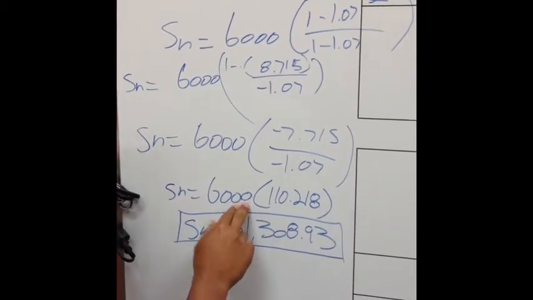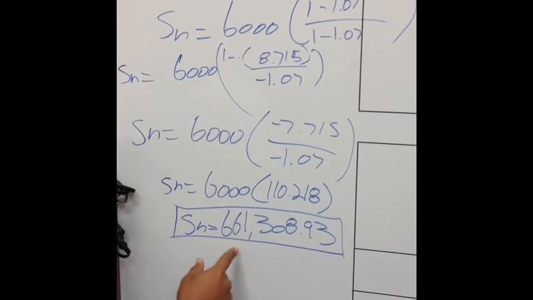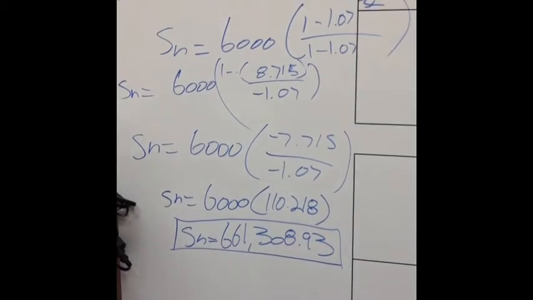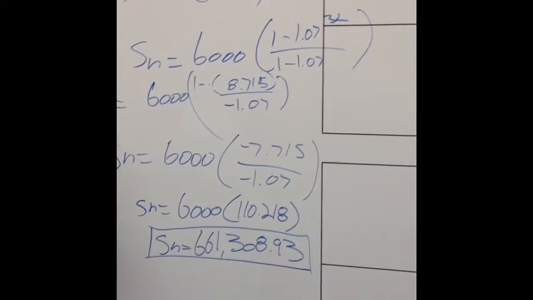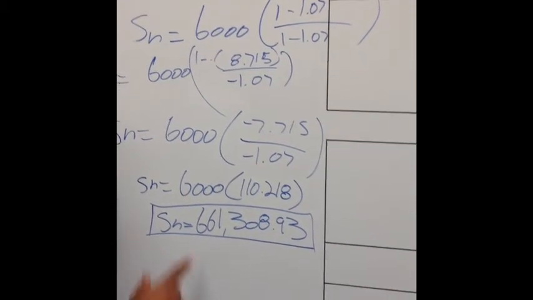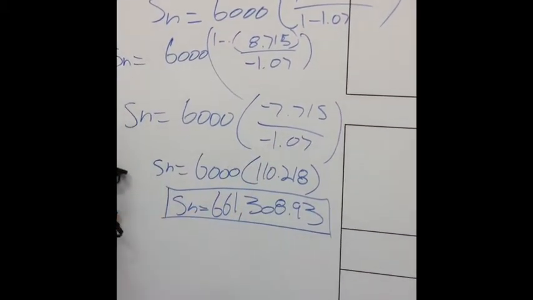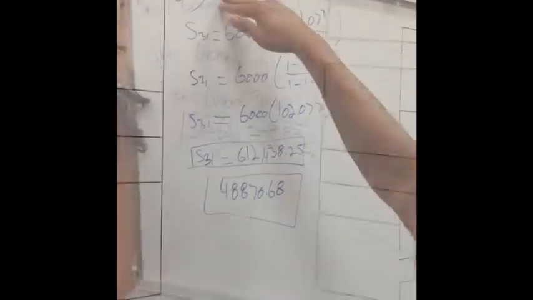And you multiply that by 6,000, and you get 661,308.93. Thank you, Dylan. I had to thank you there.